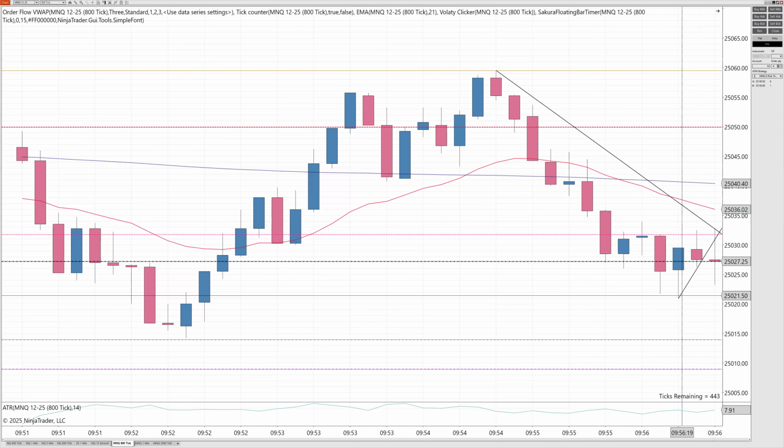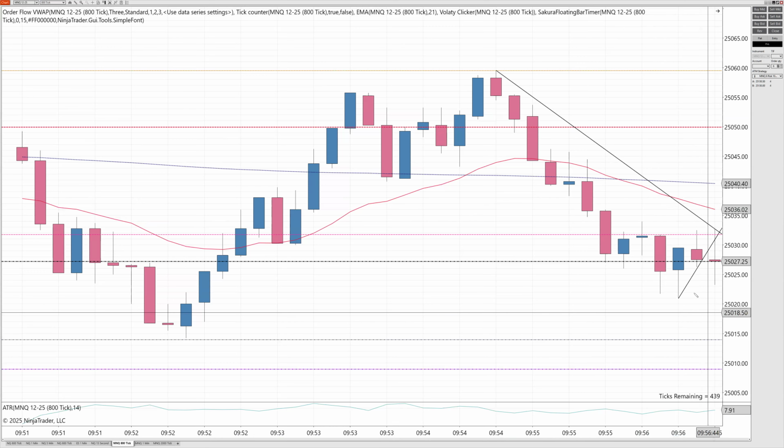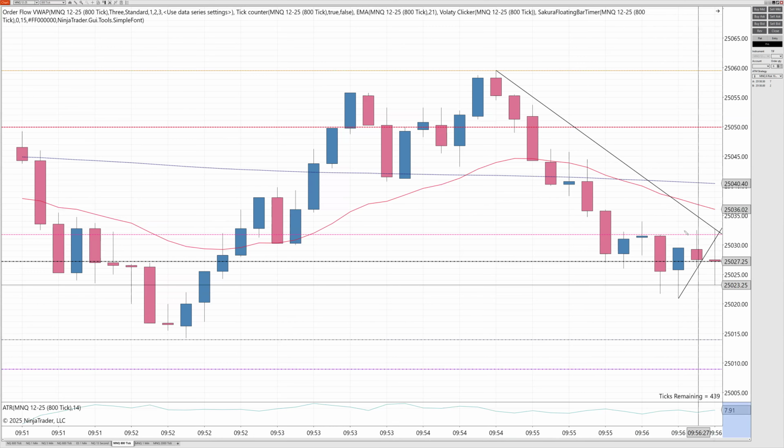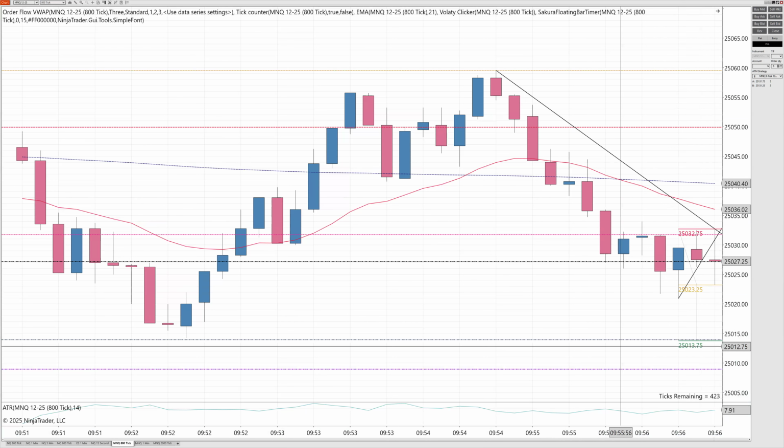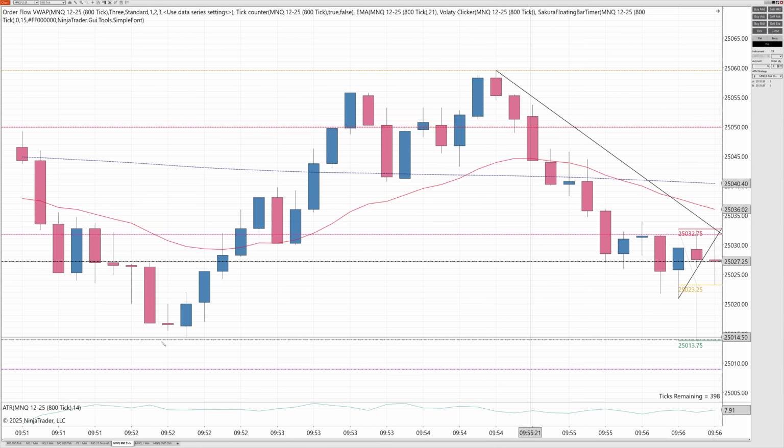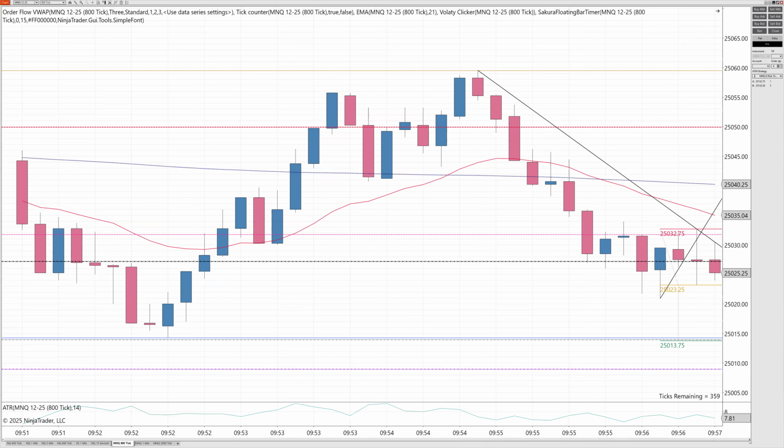Problem is the measured move is beyond the 1600 close, and the 1600 close could act as support. We also have this prior low here, so I think if this triggered, I would skip it.